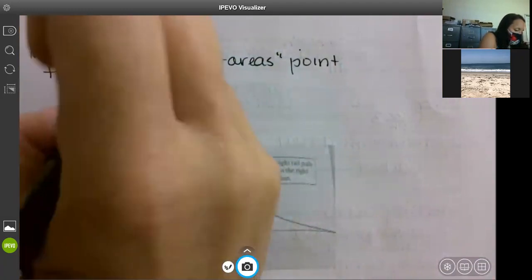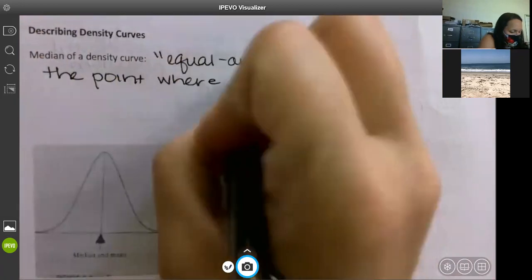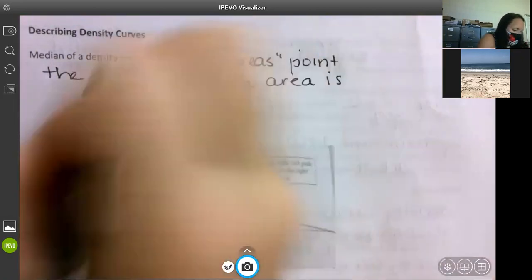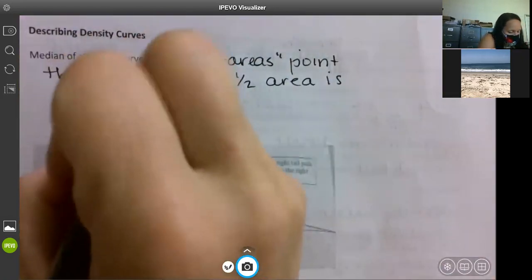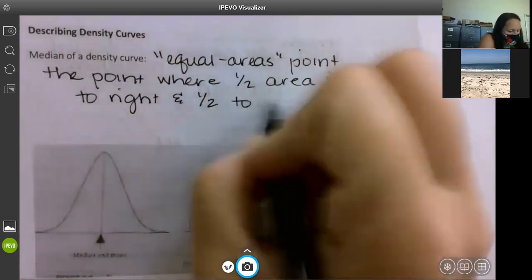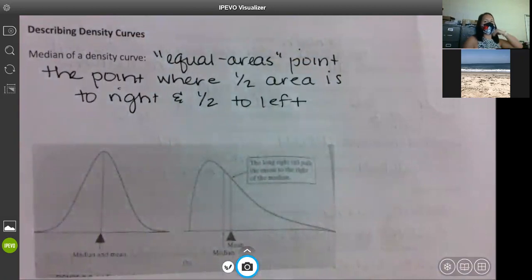It is the point where half of the area is to the right and half to the left.